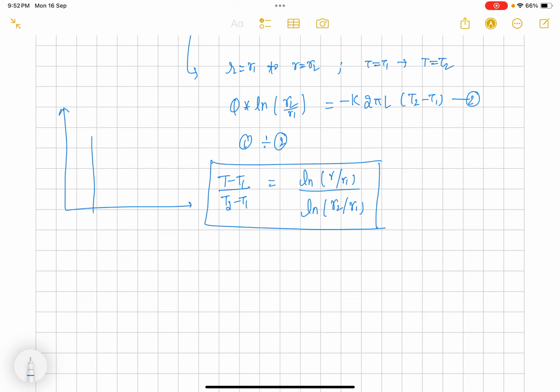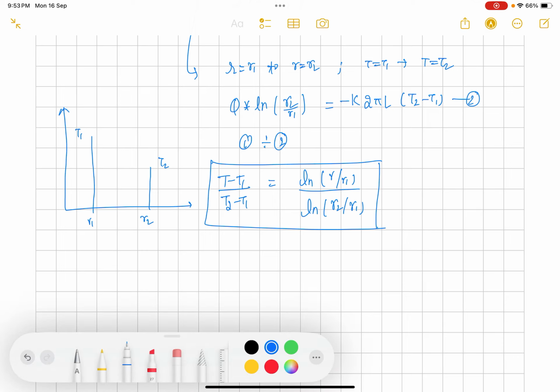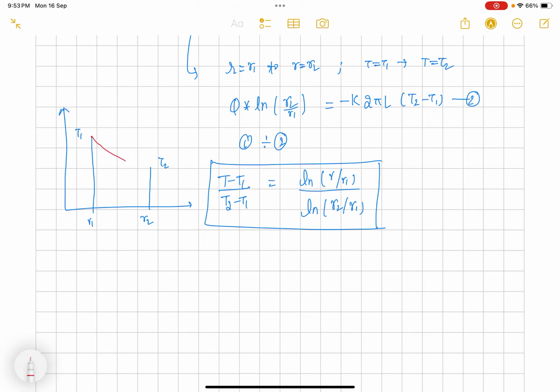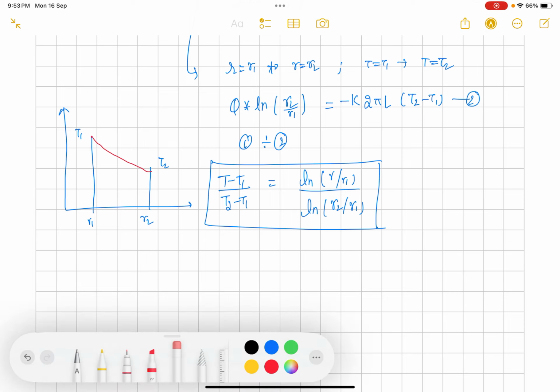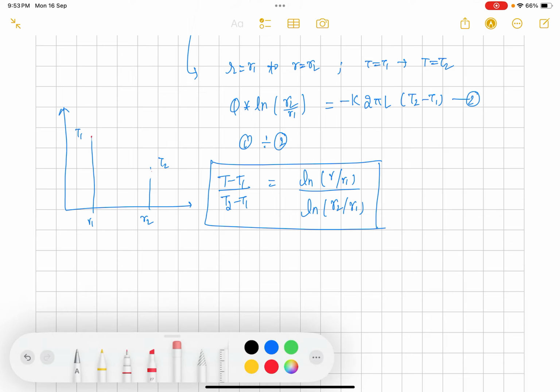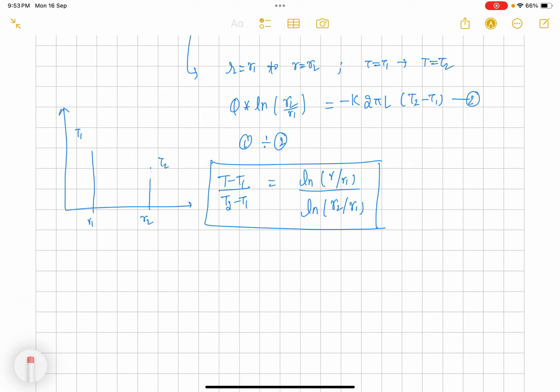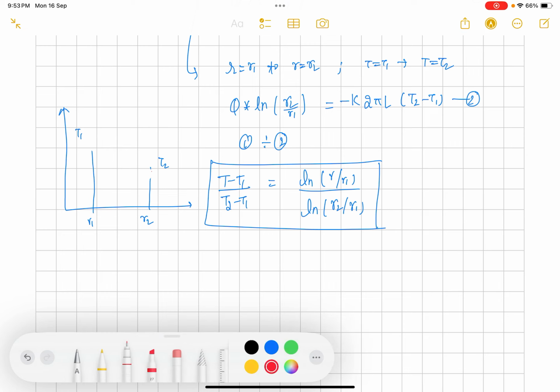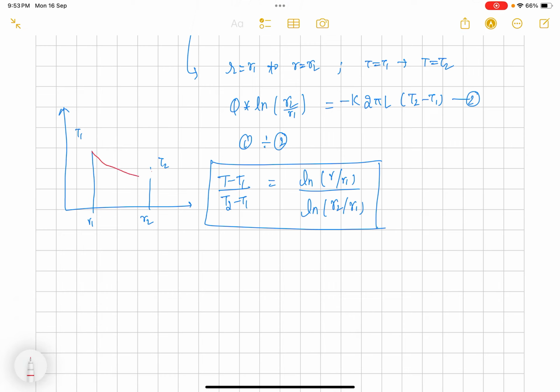So this is T1, this is T2, R1, R2, and the temperature distribution is logarithmic. So, a logarithmic temperature profile.